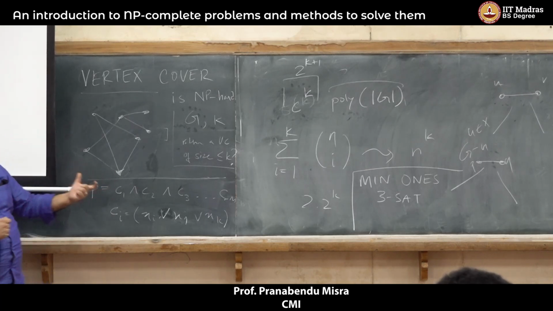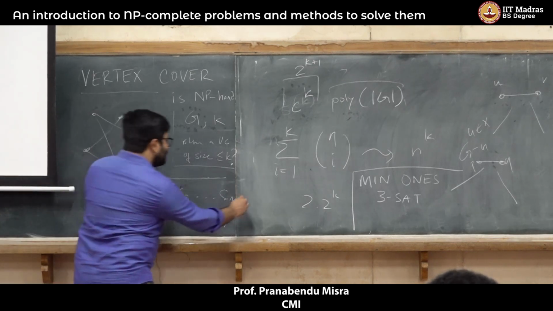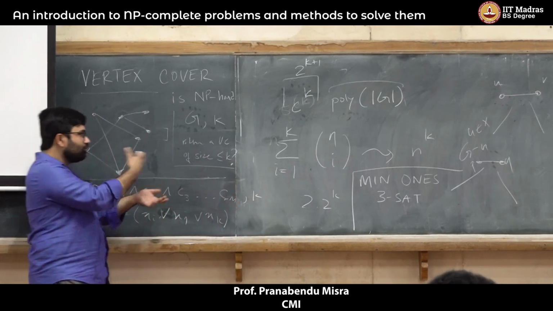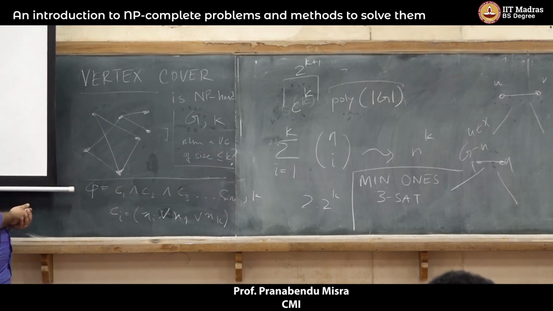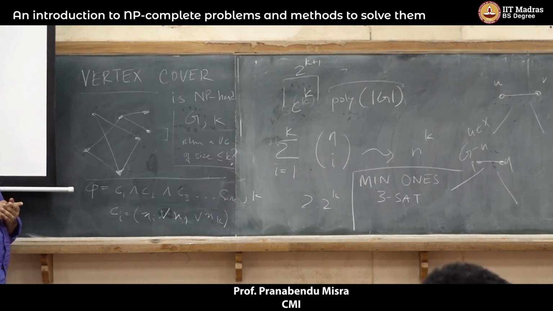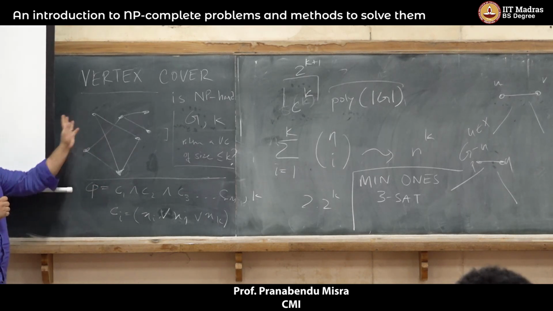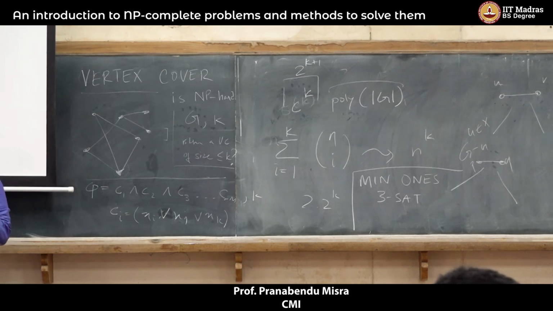Given this version of the problem, I can set k to be the maximum number of true variables, right? So can you think of an algorithm in this case similar to that? Note that we have to satisfy all the clauses, just like we have to cover all the edges. It's min ones 3 SAT. Right?